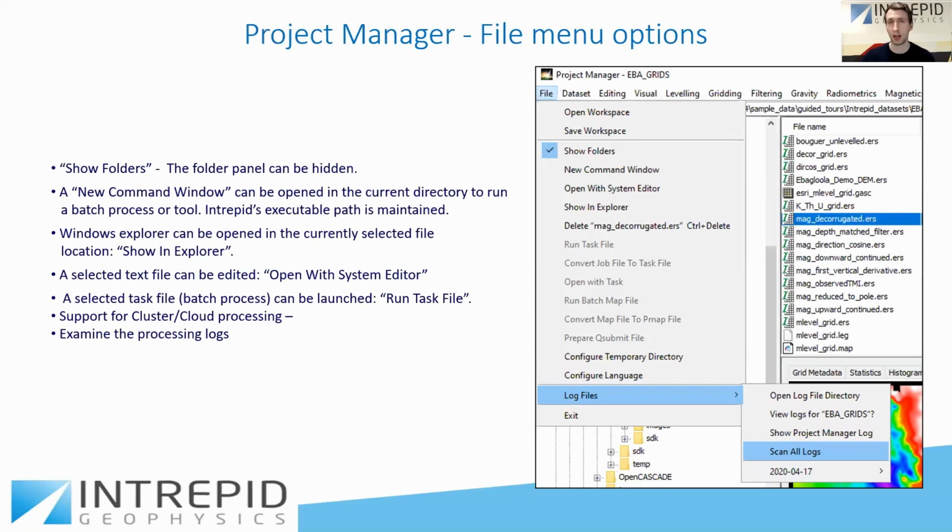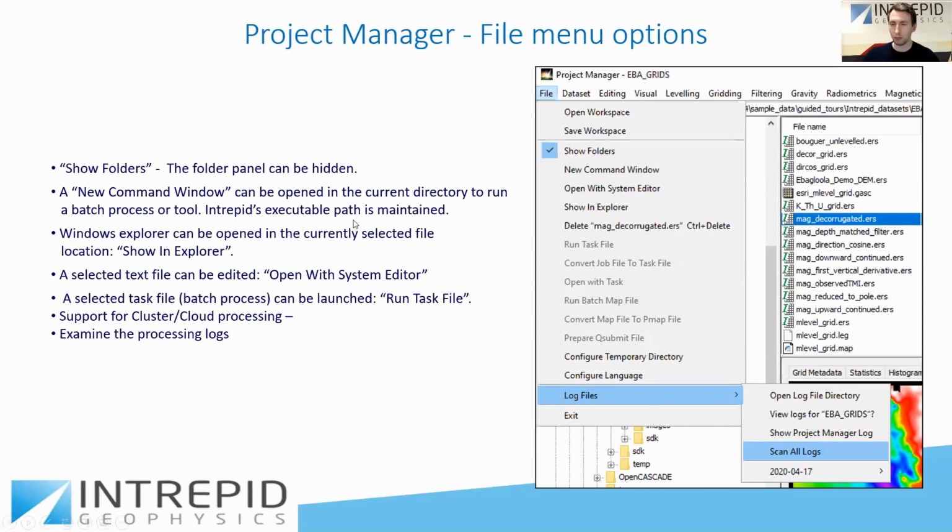This will have it all set up and ready to go for you, so you can make full use of Intrepid's batch processing. If you get a bit lost in the directory structure, you can also just show in Explorer, and that'll bring up a Windows Explorer window that will show which directory you have open within Intrepid in Windows.